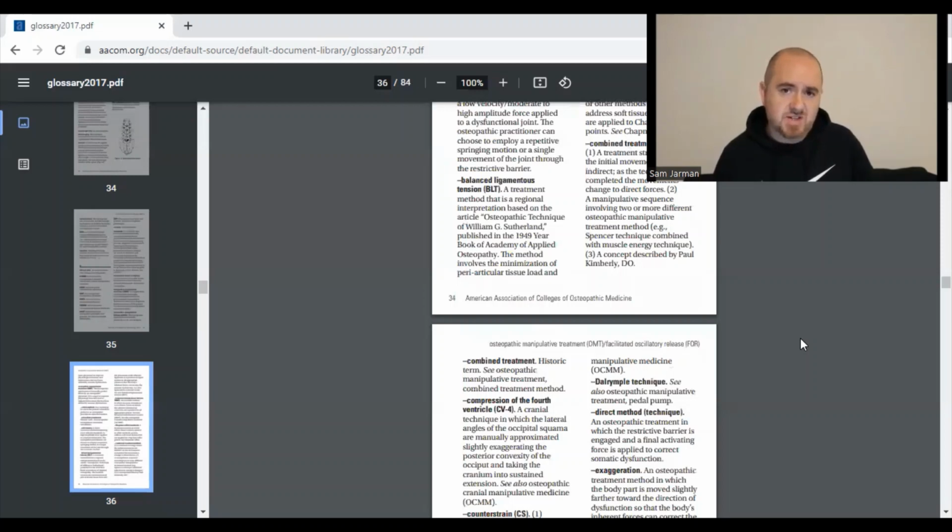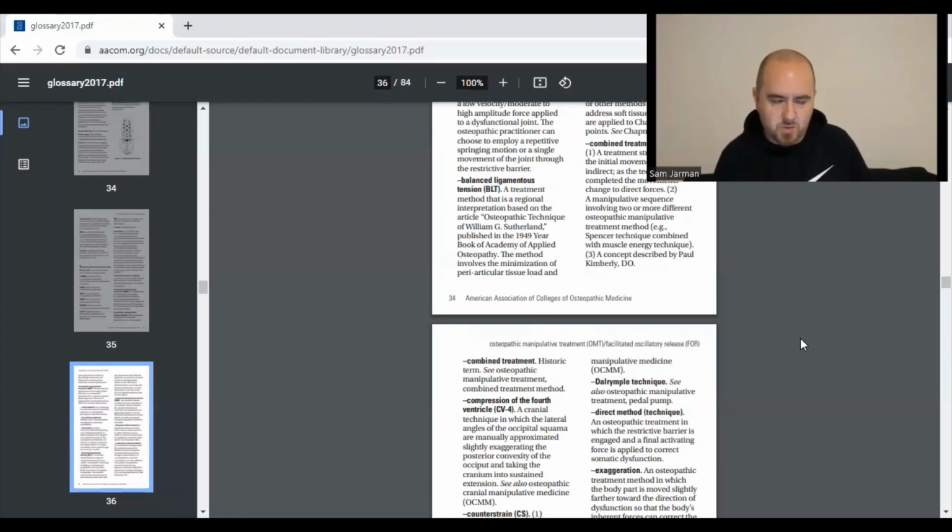That suggests the definition of direct treatment is likely all you really need, if you use a heuristic approach, to appropriately generate all of the methods contained within these various systems. Essentially, all these methods are guided by the exact same thing, so you don't need to remember the details of HVLA necessarily.